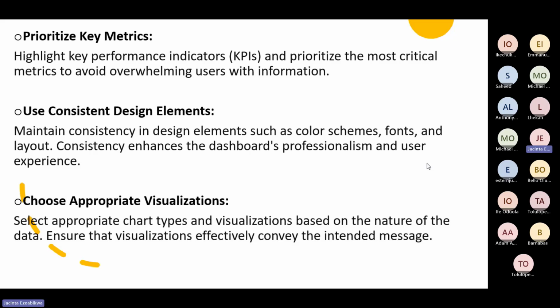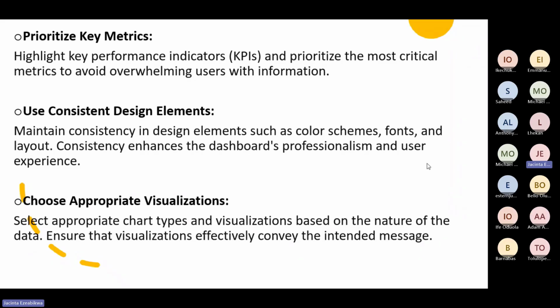If you're using a line chart to portray something that is not a trend over time, that is not good. Imagine using a line chart to compare relationships. Nobody is going to understand it. If you're trying to compare relationships, you use a scatter plot. A line chart is best used to show the trend over time.